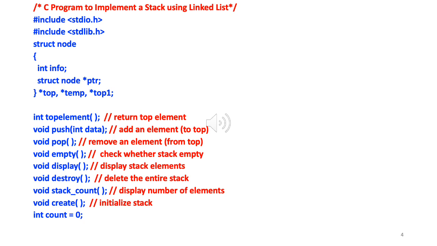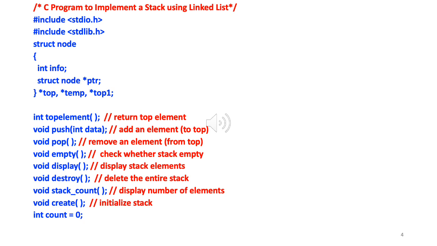Now let's start looking at the code. C program to implement stack using a linked list. Your header files are stdio for our prints, and stdlib, the standard library, for our malloc. Whenever we have to reserve memory at runtime for our nodes, we have to use malloc.